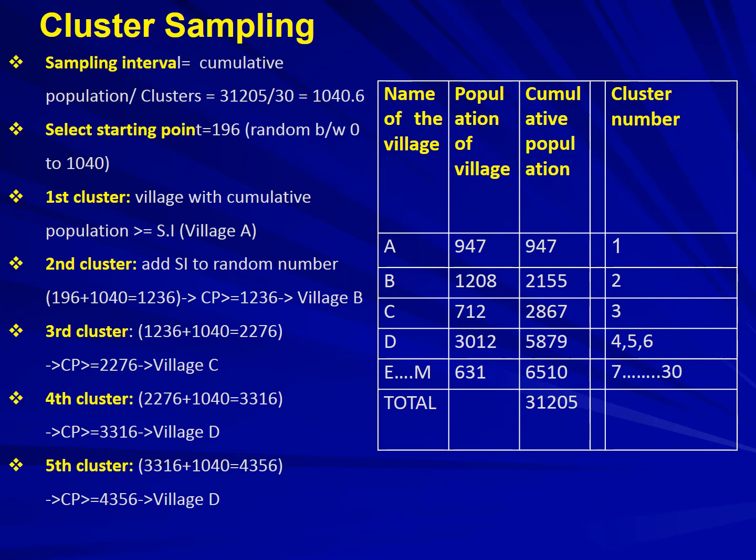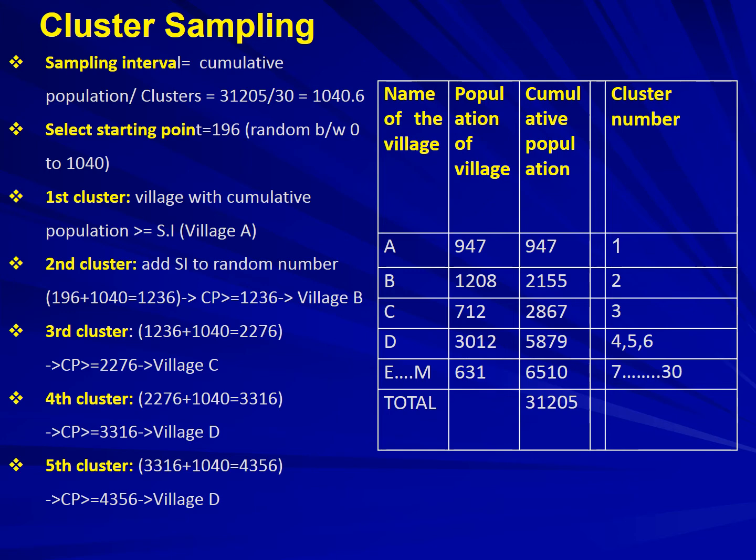It will give you the figure of 2276. You have to select the village having the cumulative population equal to or more than 2276. So it is village C, having a cumulative population of 2867.